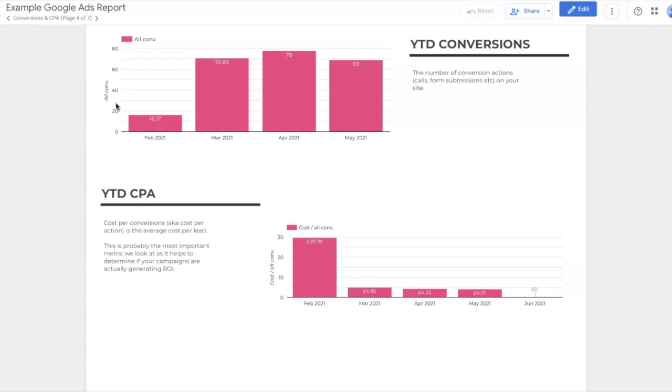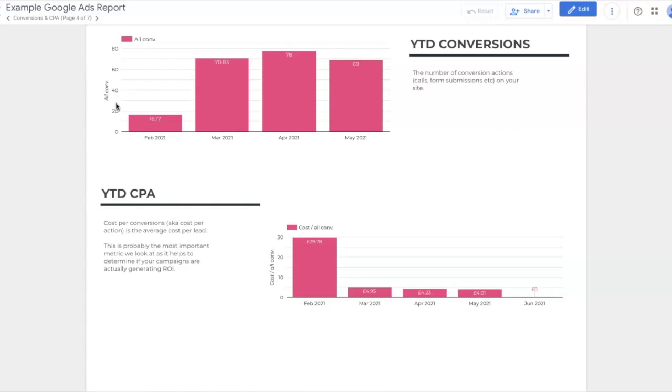So if you spend £100 in a month and you have 10 conversions as a result of that, your cost per conversion will be £10. This information is important, helps us to determine how well the account is doing, and it's really the most important metric that you have in your report because it allows you to see exactly what you spent per conversion.